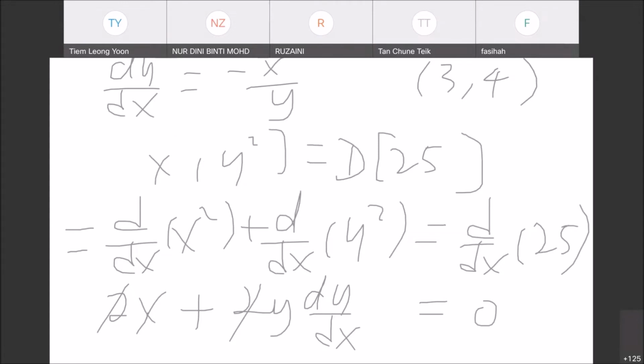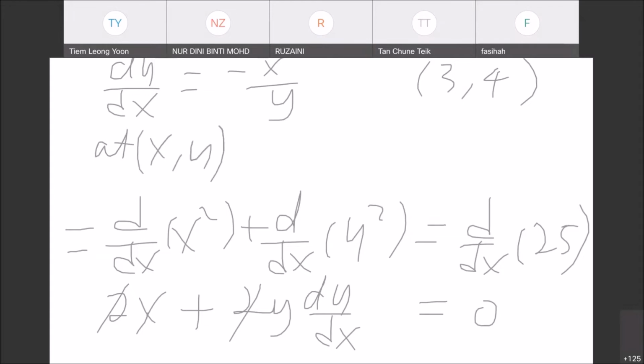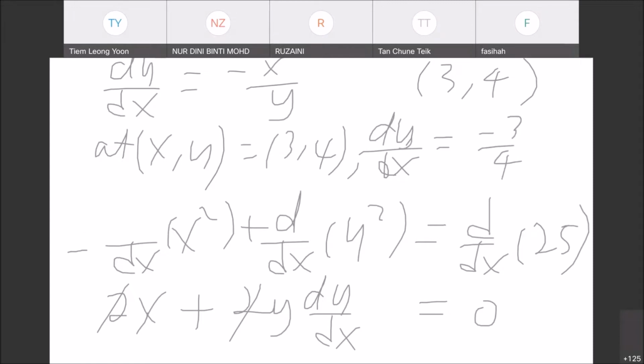This is quite straightforward. You just substitute in the values. At the x, y coordinate 3, 4, the slope dy dx at that point is just equal to minus 3 over 4. It's a minus sign, so that finishes answering the question.